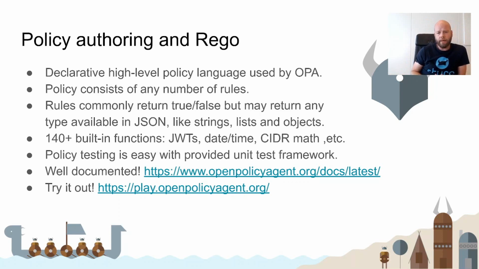We have a framework for doing unit testing or policy testing, which is provided as part of the OPA project. It's a really well-documented project, and you can try it out yourself without doing any downloading through the Rego playground or the OPA playground.